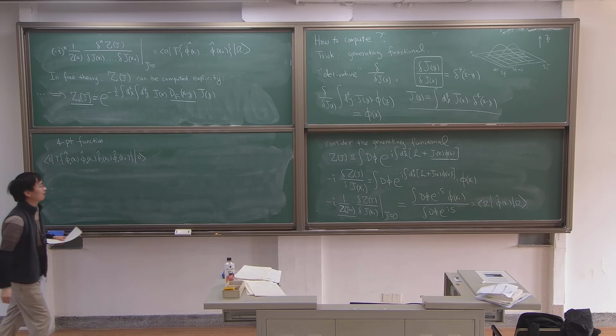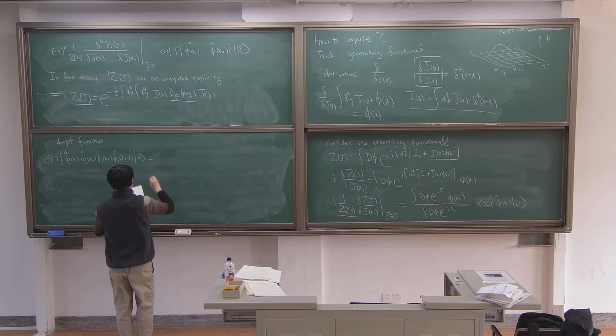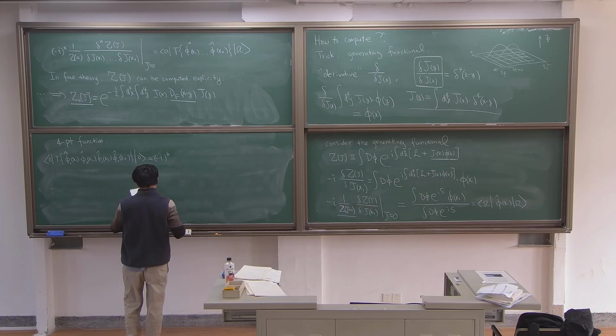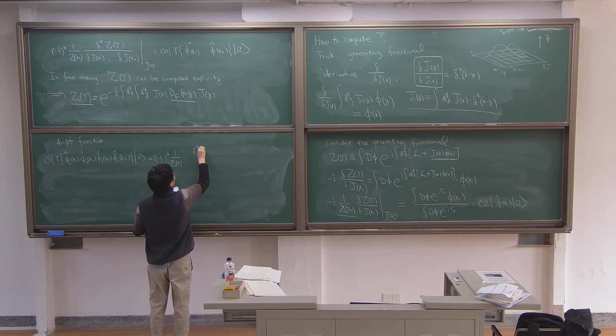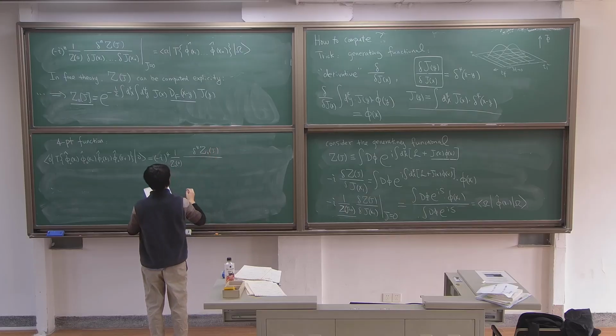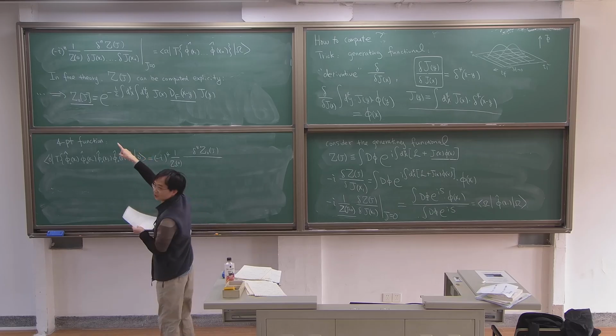Now we already justified that this has to be equal to minus i to the fourth, 1 over Z0[0], times the fourth variation of Z0[J] with respect to J(x1) through J(x4).